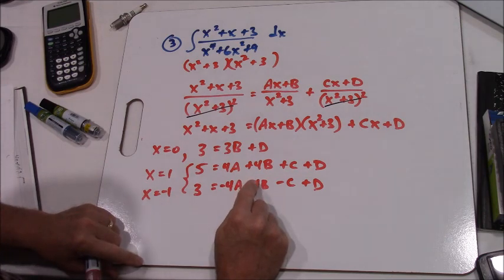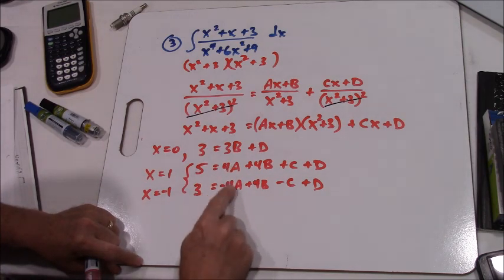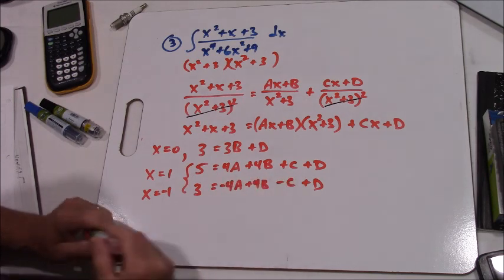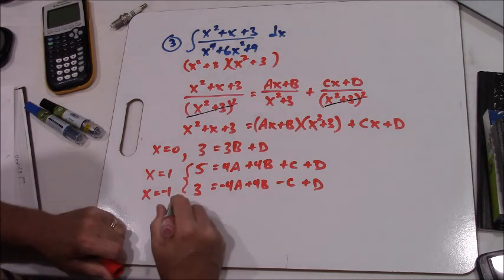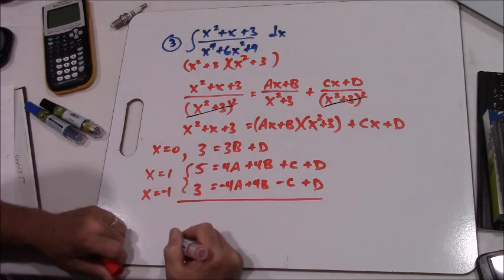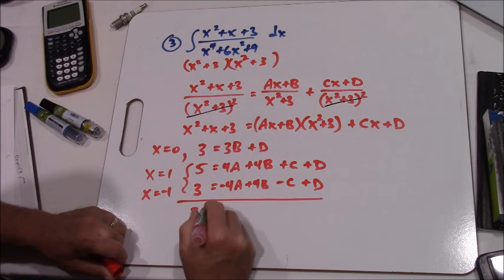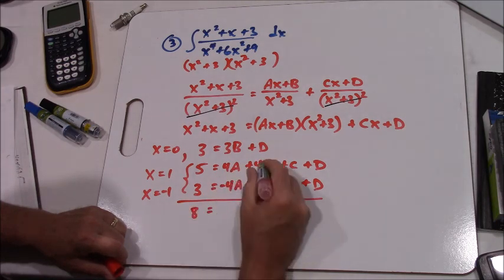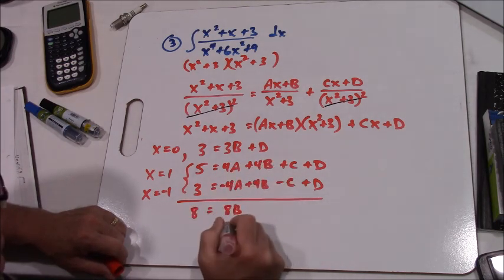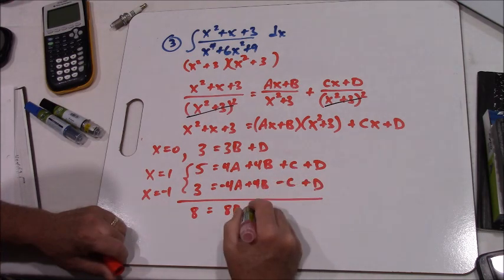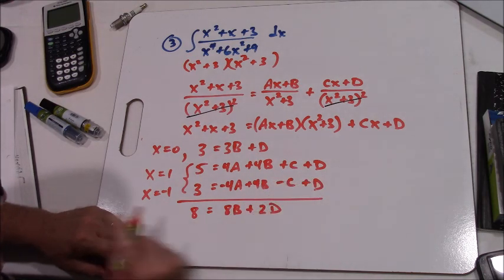What we like to see is things opposite, because when you add those together, you get 0. Same thing here. So if I add these two equations together, I get 8 equals, that's 0. This will be 8b, that's 0, and then plus 2d.